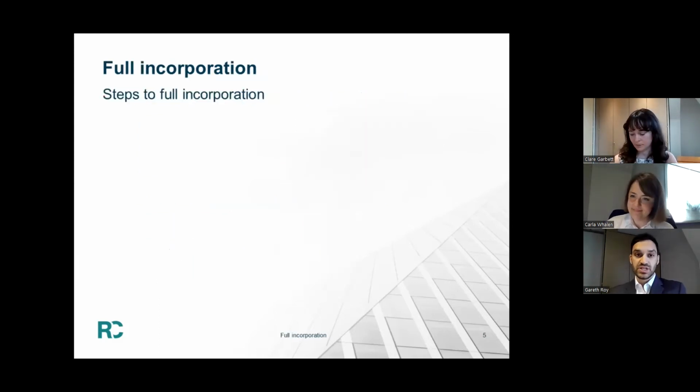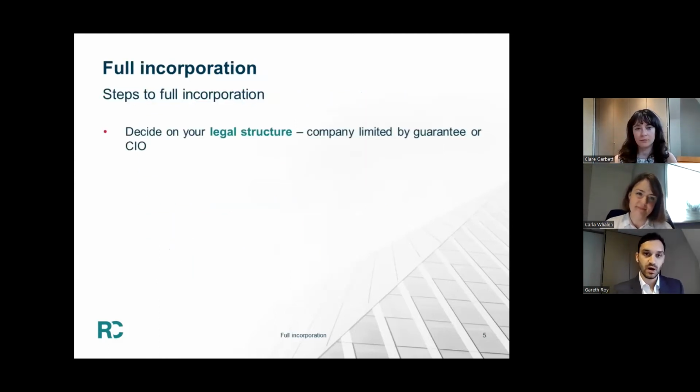So the steps to achieve a full incorporation in brief are deciding on what legal structure you want your new corporate charity to have. Should it be a company or should it be a charitable incorporated organization, or CIO? There are some differences between the two, and you can seek advice on the specifics depending on your context as to which might fit you best.